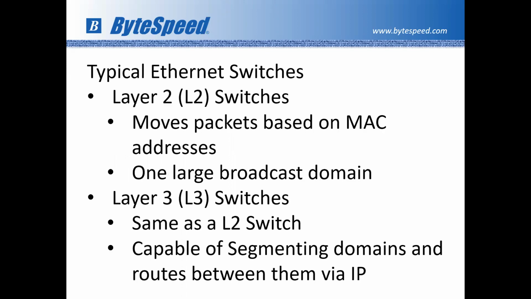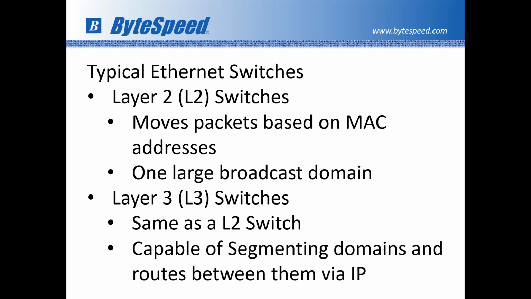Okay, so there's kind of two types of switches out there in my mind. There are layer 2 switches. This is essentially what the first generation of switches were. They allowed us to move away from hubs and bridges, which would take one packet and just broadcast it pretty much everywhere, to individual connections to each device.